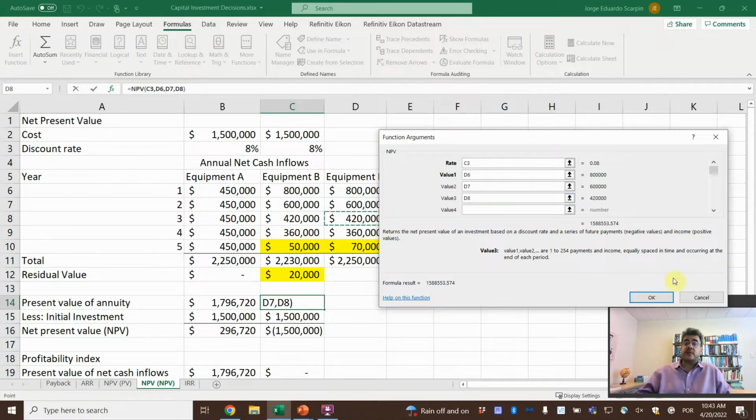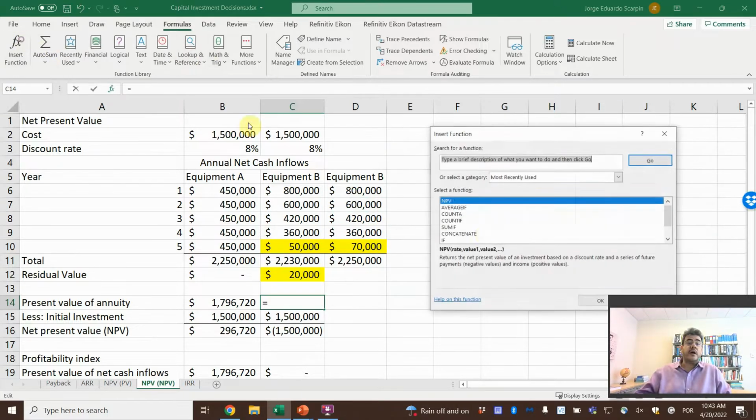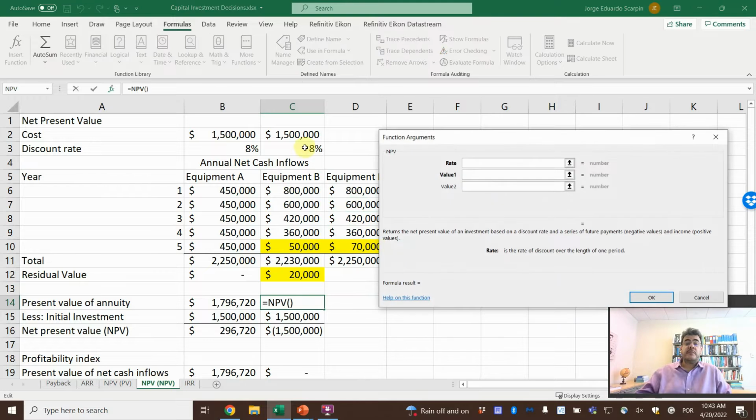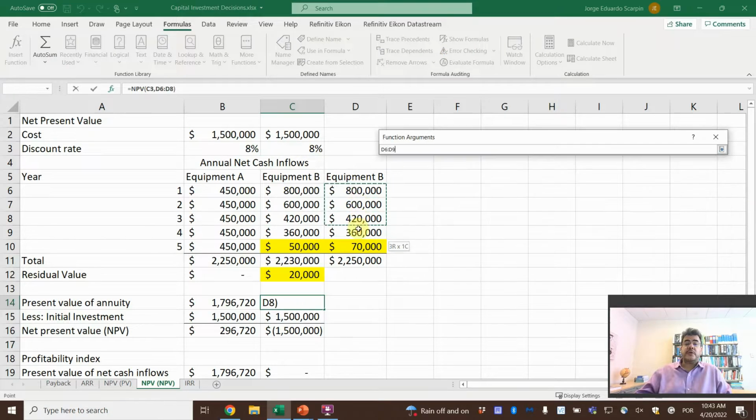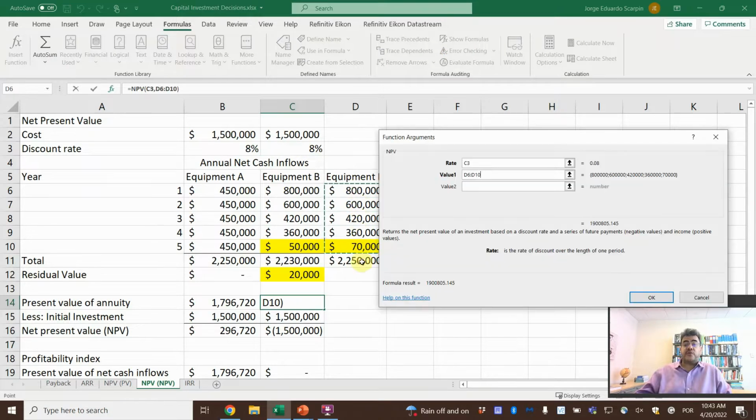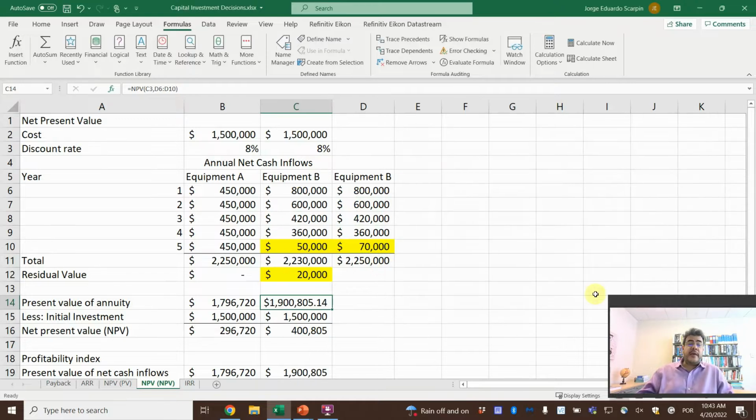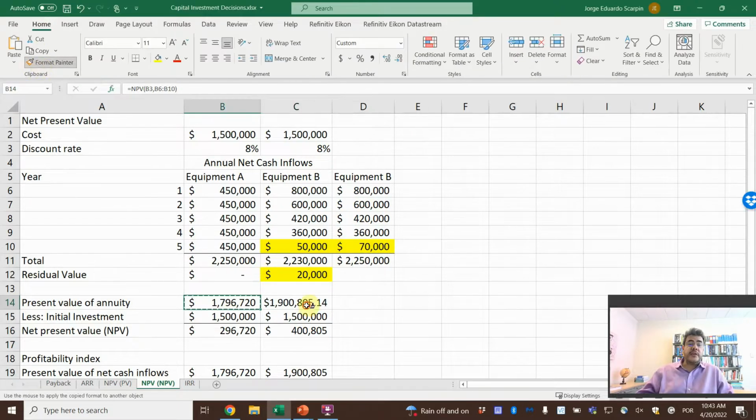But that is not needed for us because they are all in a sequence. Here, never select the total because it will duplicate. And then let's do the same format with no cents.